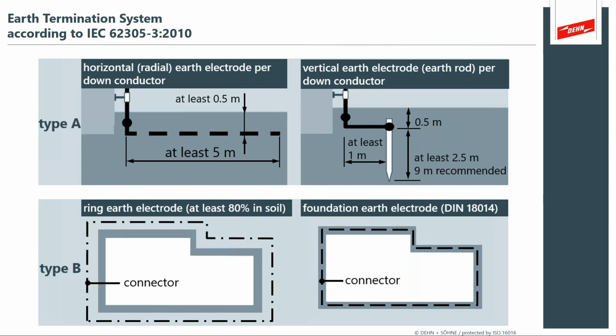In this case, the foundation also counts as a sort of ring around the facility. But these are very common. There are also permutations, things like a concrete-encased electrode. The Ufer ground is very commonly seen.